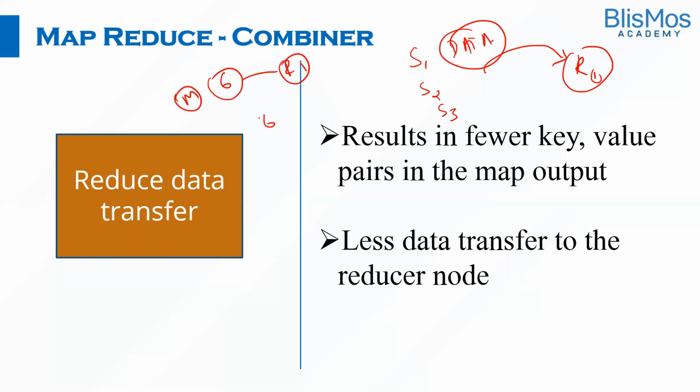After the introduction of the combiner, instead of 6, we sent 4 outputs to the reducer. That way, the amount of data to be transferred from the system where processing is done by the mapper, because the combiner is combining the results in each of the systems, the amount of data that needs to be sent to the reducer node will be reduced.